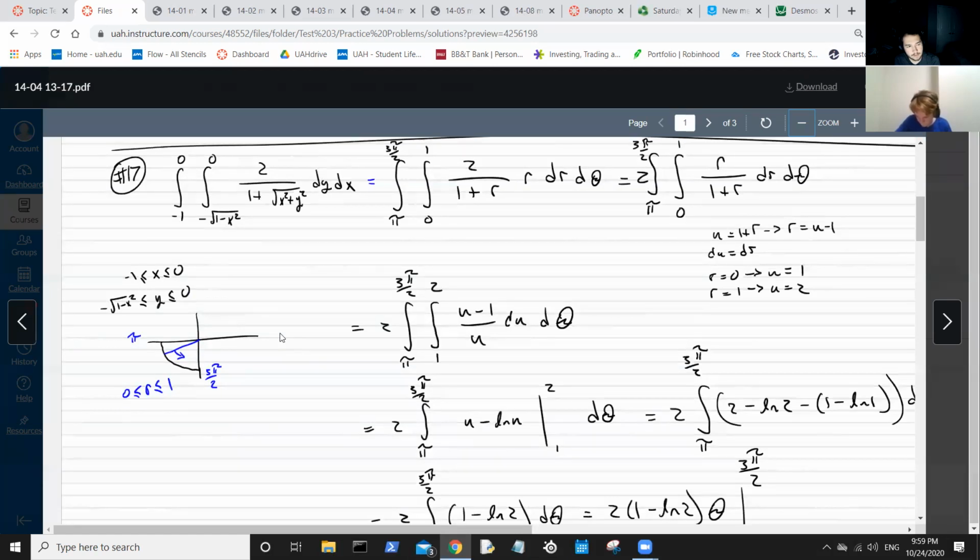Because a circle's values go from 0 to pi over 2 to pi to 3 pi over 2 to 2 pi. So our bounds for the angle are pi to 3 pi over 2. Okay, so when it comes to polar, it looks like graphing is the most important part, because that's what's going to allow you to find limits. And then manipulating the function is secondary to that.